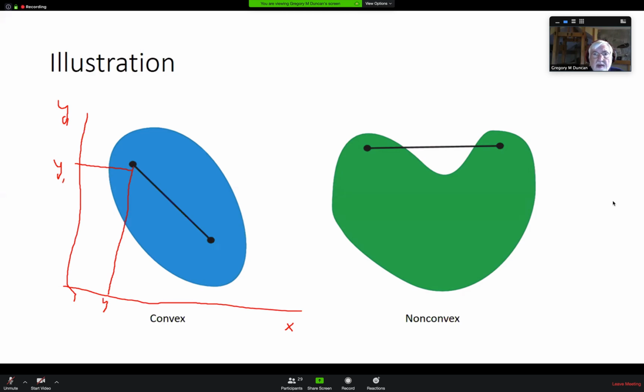Whoops, whatever. Erase that. I am learning how to use this thing. X1.